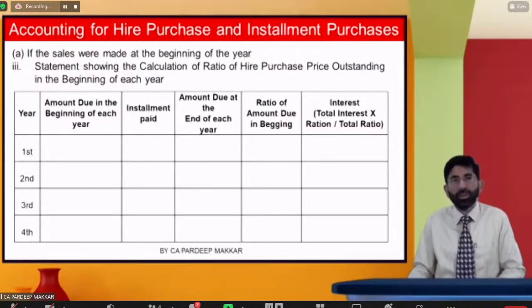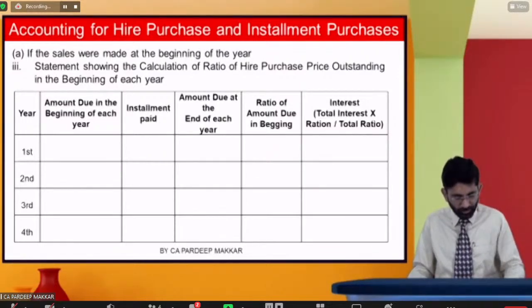First of all, make this pro forma with you. Prepare a pro forma with you, beta.